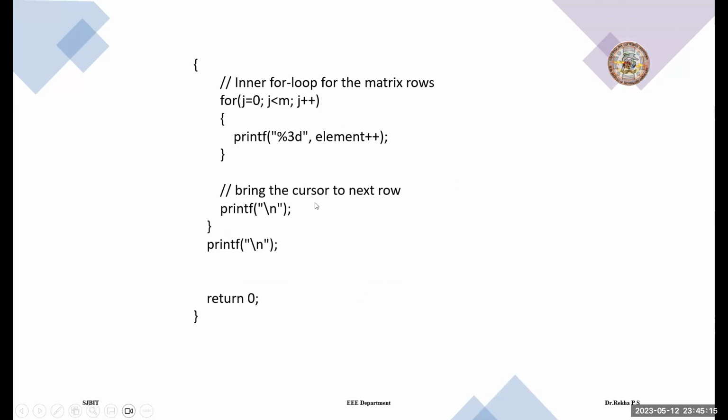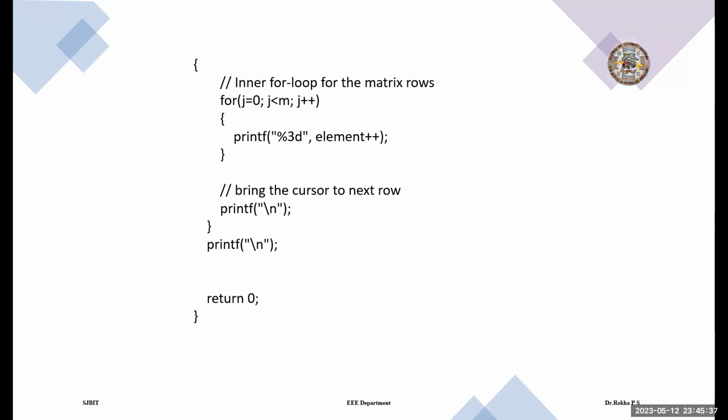And this is the inner for loop. This inner for loop is for the rows. The outer for loop is for the matrix columns, and the inner for loop is for the matrix rows. So now j is initialized to 0.